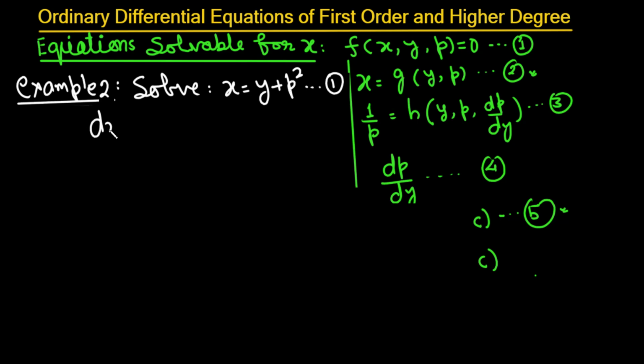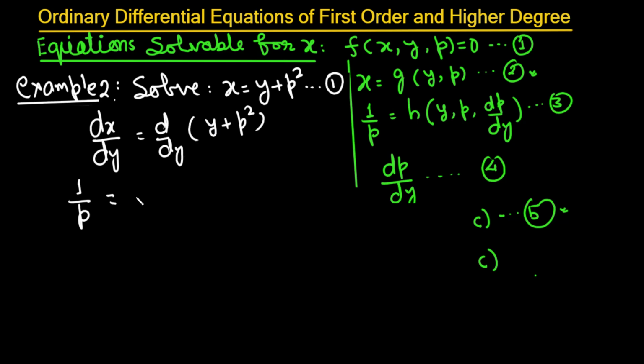So this one will be dx over dy equals d over dy of y plus p square. Dx over dy, we can write it as 1 over p, for the reason that dx over dy is equal to the reciprocal of dy by dx, and dy by dx we write by the symbol p. This is equal to the derivative of y with respect to y, which is 1, plus the derivative of p square with respect to y.